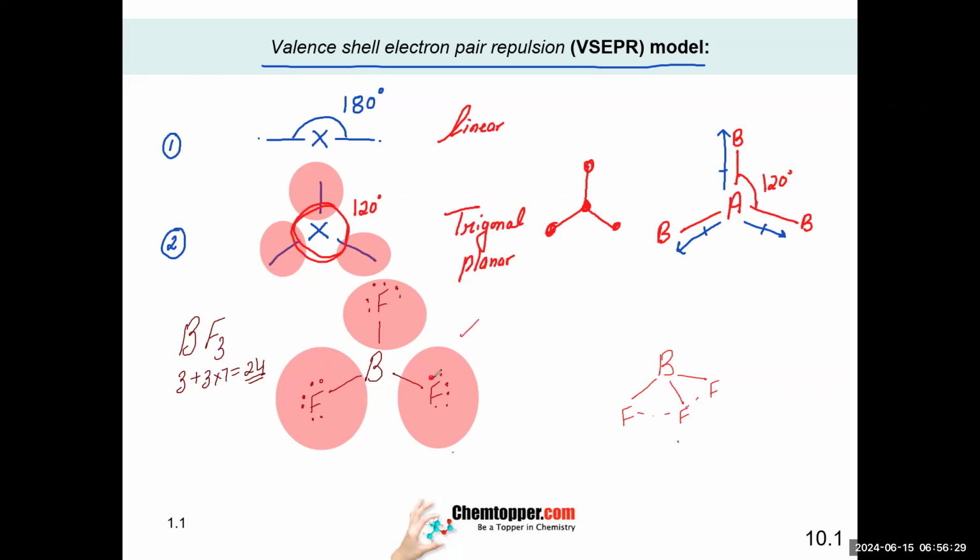See, even these are electron clouds. If you put it like this, then fluorine lone pairs are also far away from each other, to minimize the repulsion. That's why the name is valence shell electron pair repulsion.